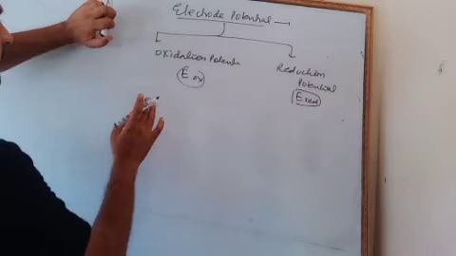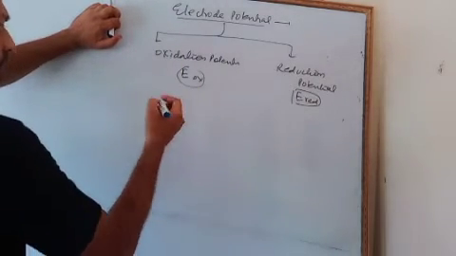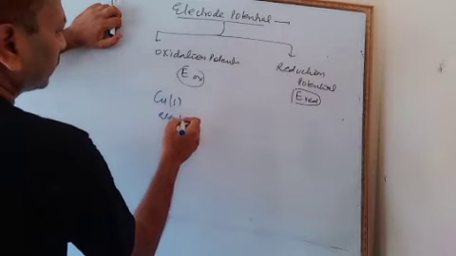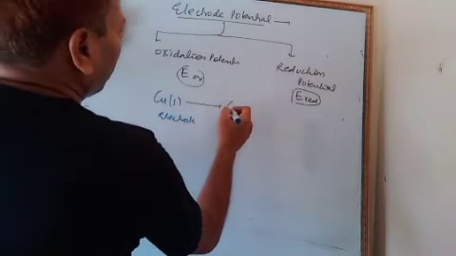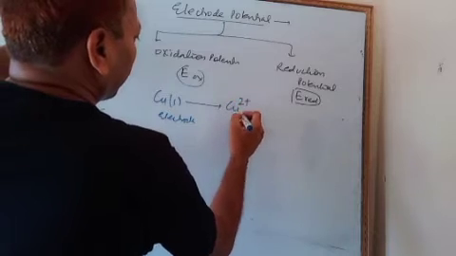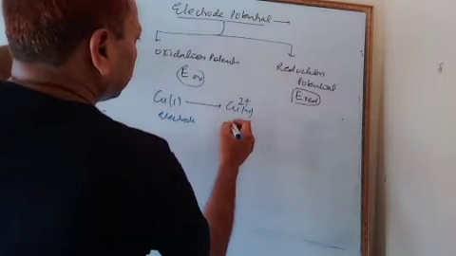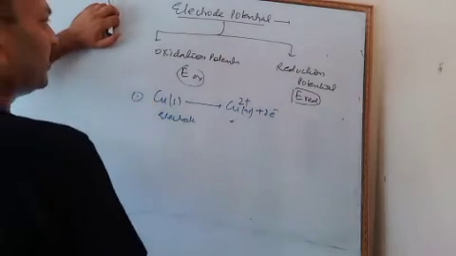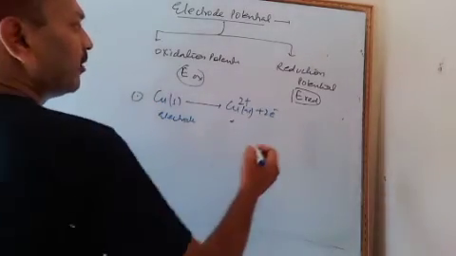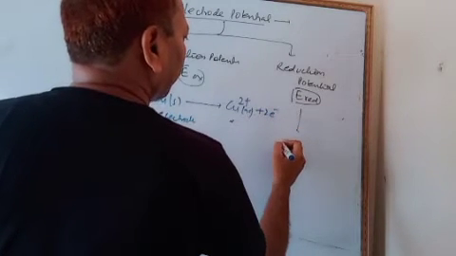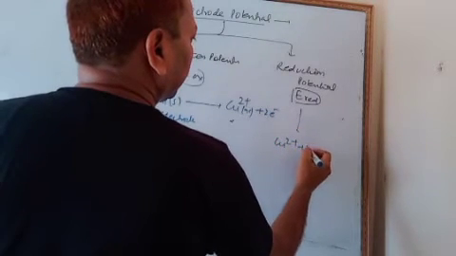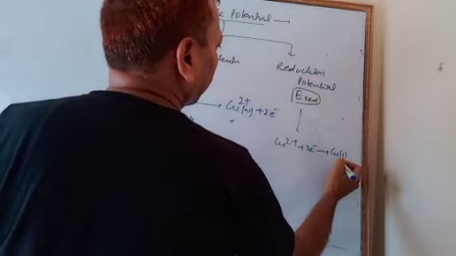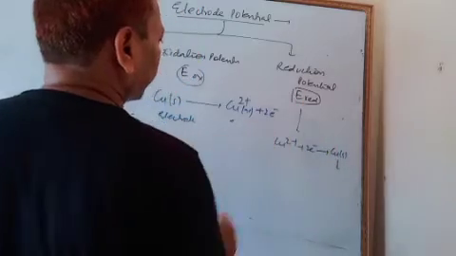In oxidation potential, what happens? Loss of electrons. Suppose this is a copper electrode; it loses electrons and gets converted into copper ion. This is oxidation potential. Now reduction potential: if copper ion gains electrons and gets converted into copper metal, this is known as reduction potential.